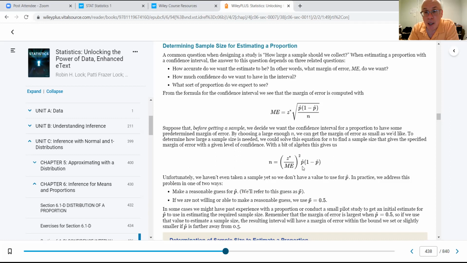According to the two statisticians, if you don't have an estimate, then please use 0.5. In other words, if there's no reasonable estimate for p hat, just put 0.5 in there. And if p hat is 0.5, 1 minus p hat is also 0.5, right? So if the problem gives you an estimate, use it. If not, use 0.5.